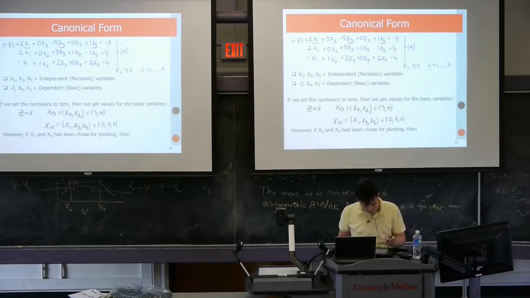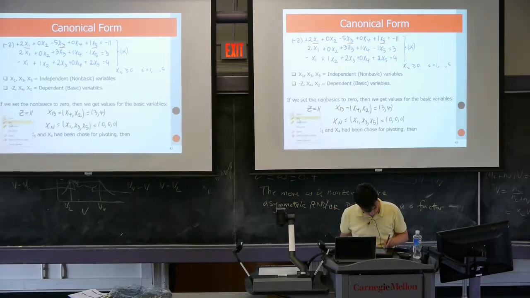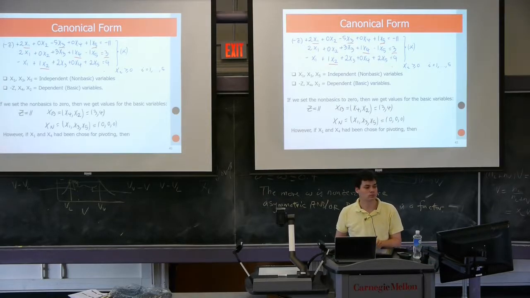And you can also see that the basic variable x4 would have value 3 if all the other variables are 0. And again, if x1, x3, x5 are zeros, then what would be the value of x2? 4.